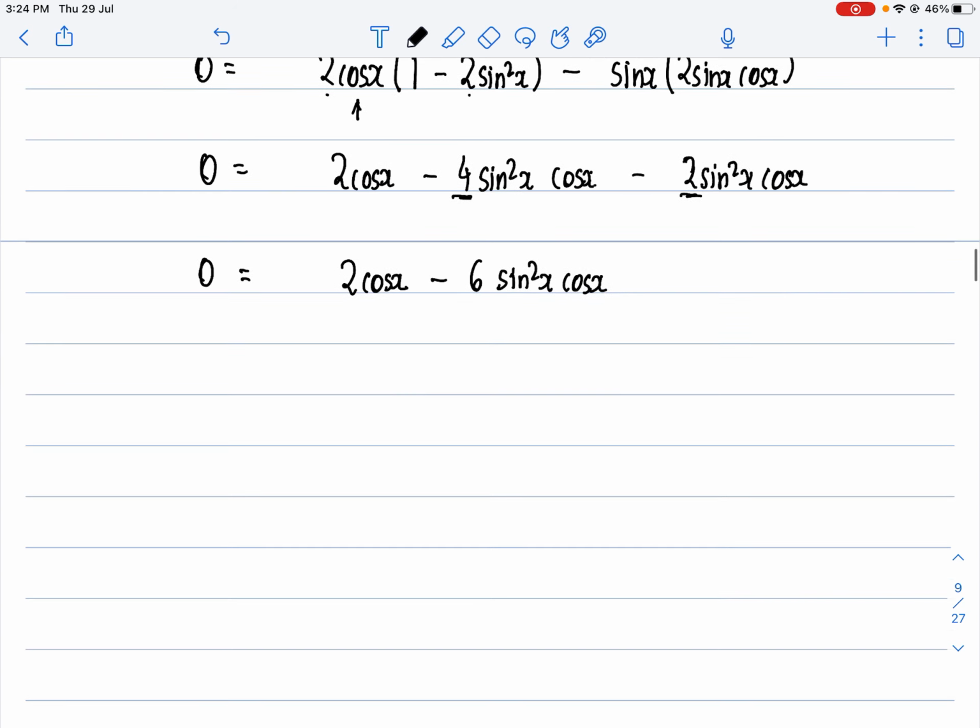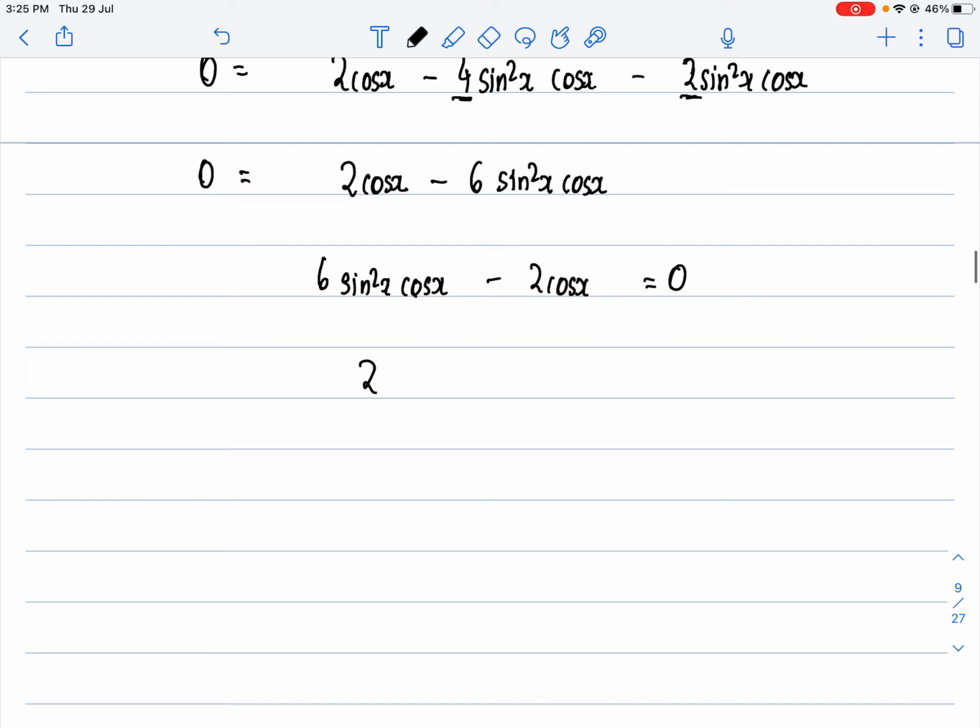I can take everything to the other side to get 6 sine square x cos x minus 2 cos x, which is equal to 0. Here I can simply take 2 cos x common. So I have 3 sine square x minus 1, which is equal to 0.